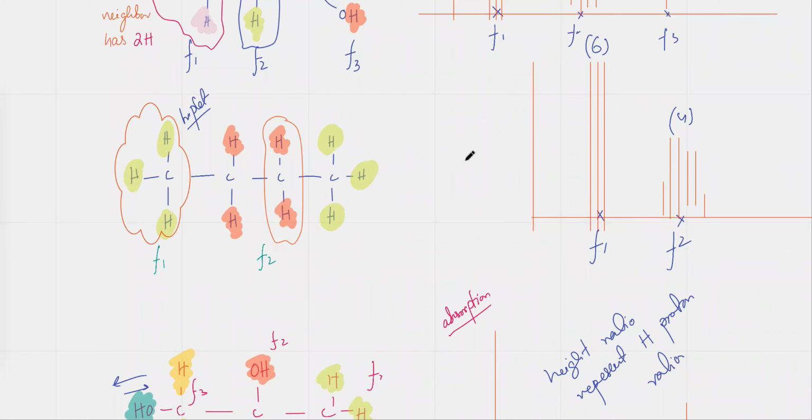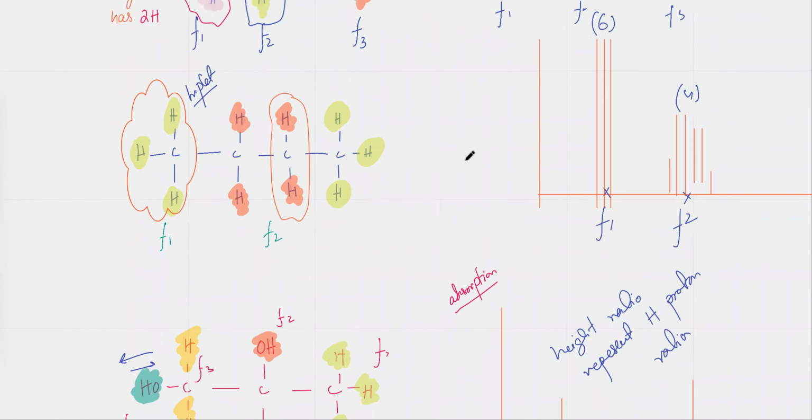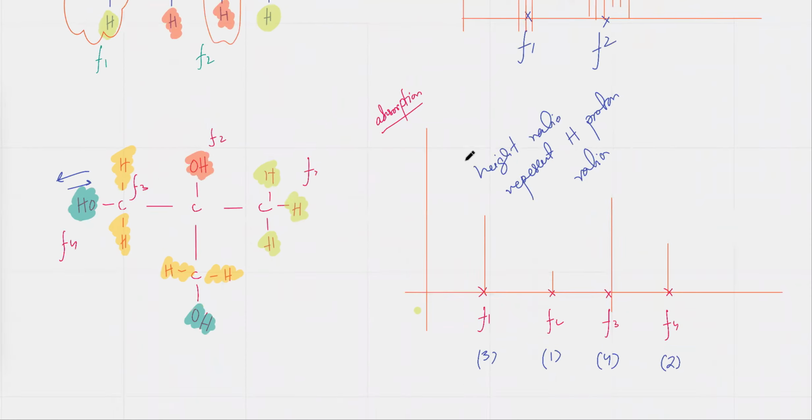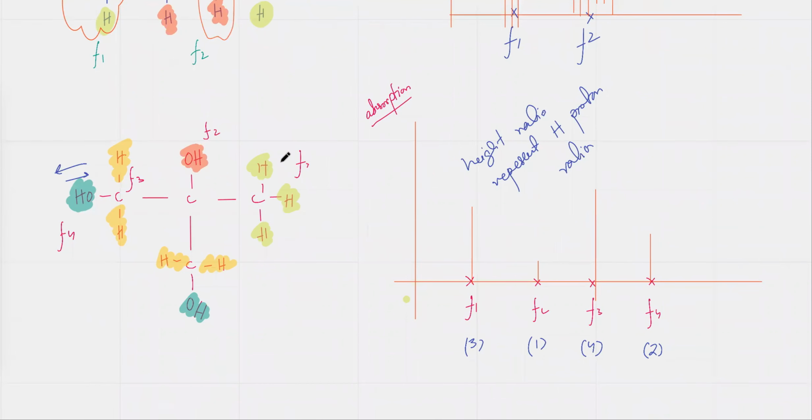So that's the n+1 rule. And I'm going to apply this very quickly over here as well. This CH3, the neighboring carbon has no hydrogens.